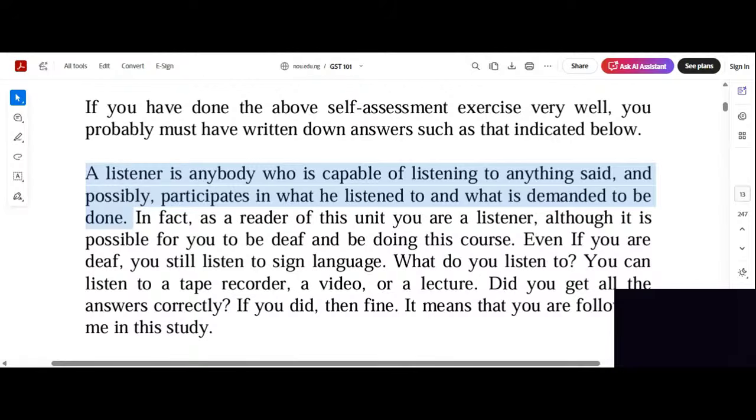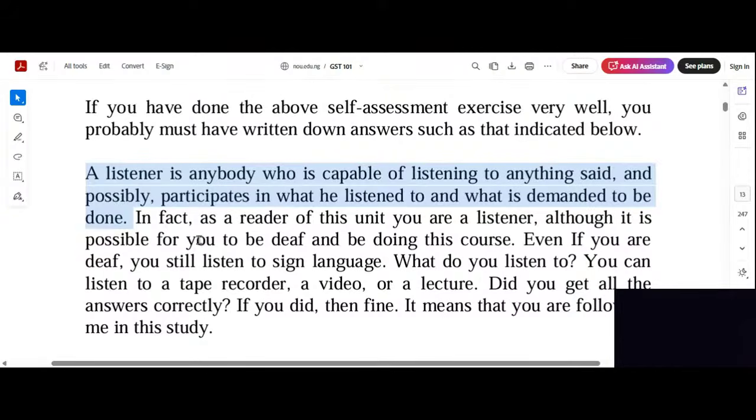Again, I'll take the definition of a listener slowly now. A listener is anybody who is capable of listening to anything said and possibly participates in what he listened to and what is demanded to be done.